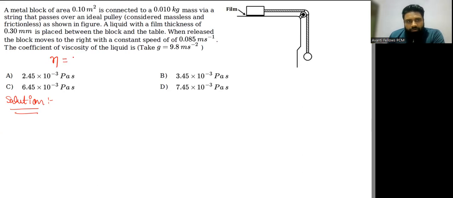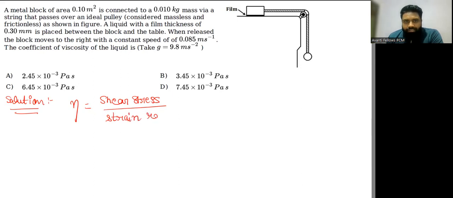If you know the formula, eta, the coefficient of viscosity, is shear stress per unit strain rate. Now we have to calculate the shear stress and the strain rate.